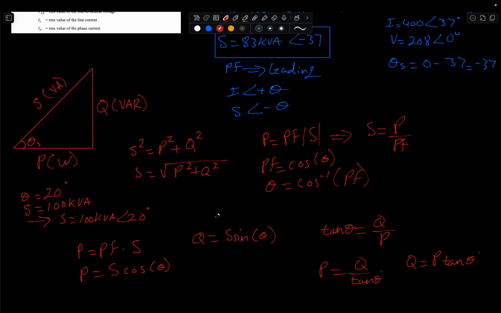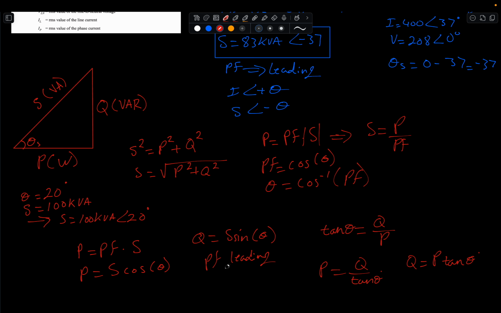I think this is a great session to just remind yourself. One of the things that a lot of people misunderstand is that when given the power factor and let's say that it's leading, they automatically assume that this is for theta S or the impedance, but that's not the case. This is really more in reference to the current leading the voltage.